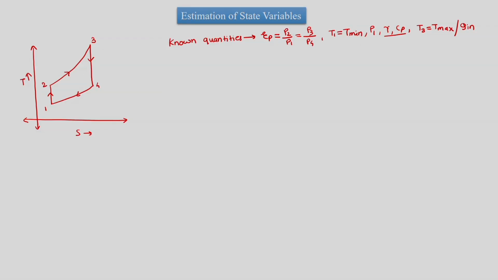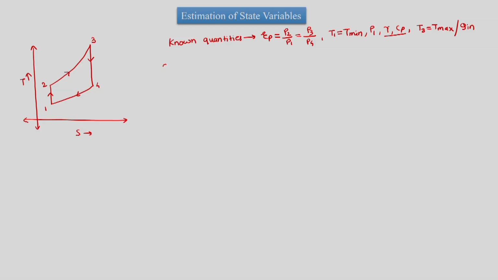So maximum temperature has a fixed limit depending upon the materials, that will be known to us, or we would be knowing the heat input given in the process of heat addition. So these things will be known to us. Knowing these things, we are expected to find out all the rest of the quantities for the gas turbine power cycle, which is the Brayton cycle.